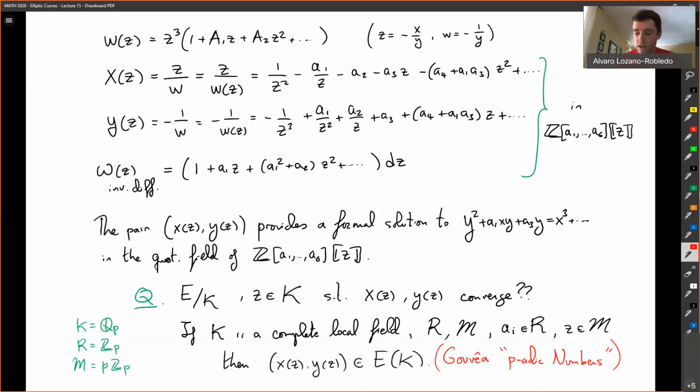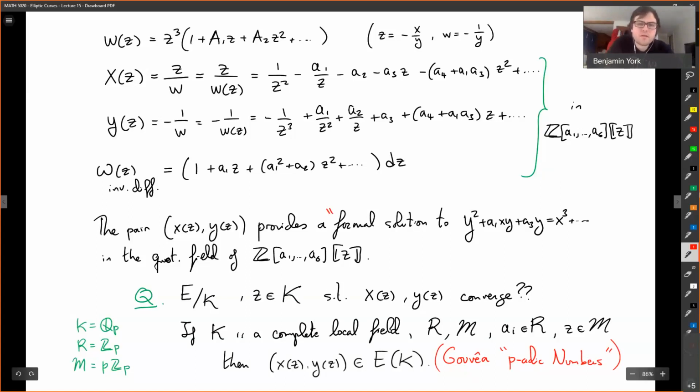Okay. All right. Can I interrupt with a quick question? Yes, please. So this is relevant to a point that you made on this page and also on the previous page, I believe. So what do we mean by a formal solution or a formal point on the elliptic curve? Very good question.